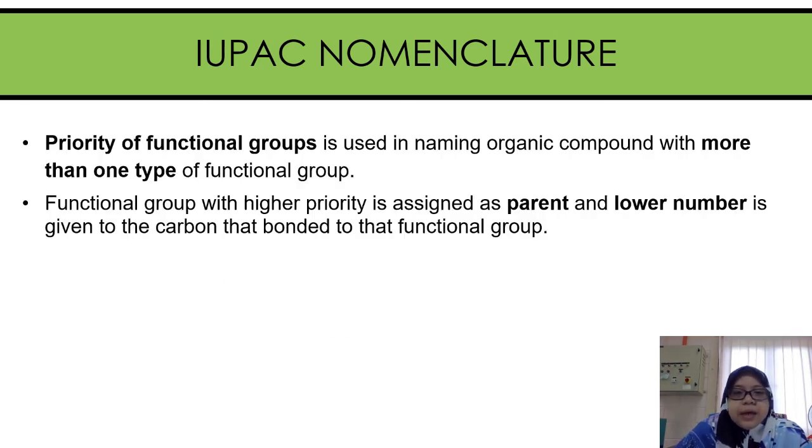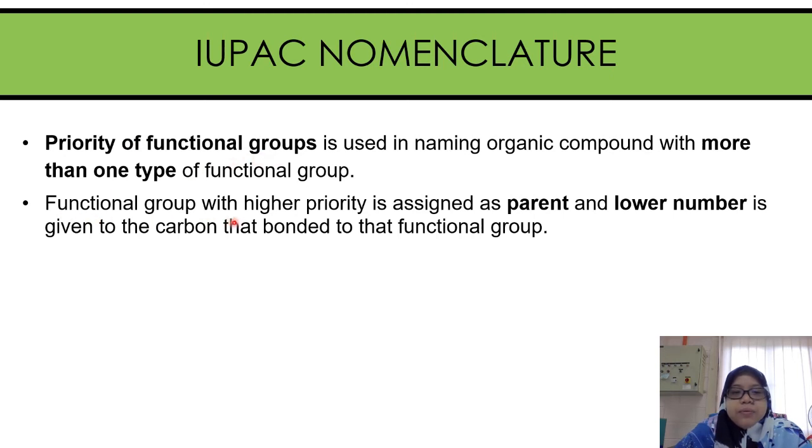Okay, and then we go to the next one. If our molecule contains more than one functional group, the priority will be given to the functional group, used in naming organic compounds with more than one type of functional group. So we will look at the table of priority.